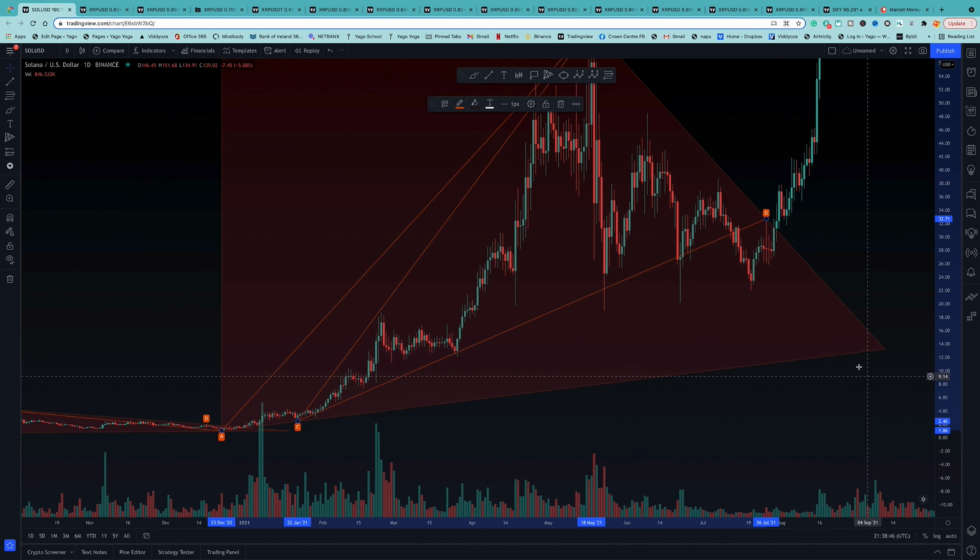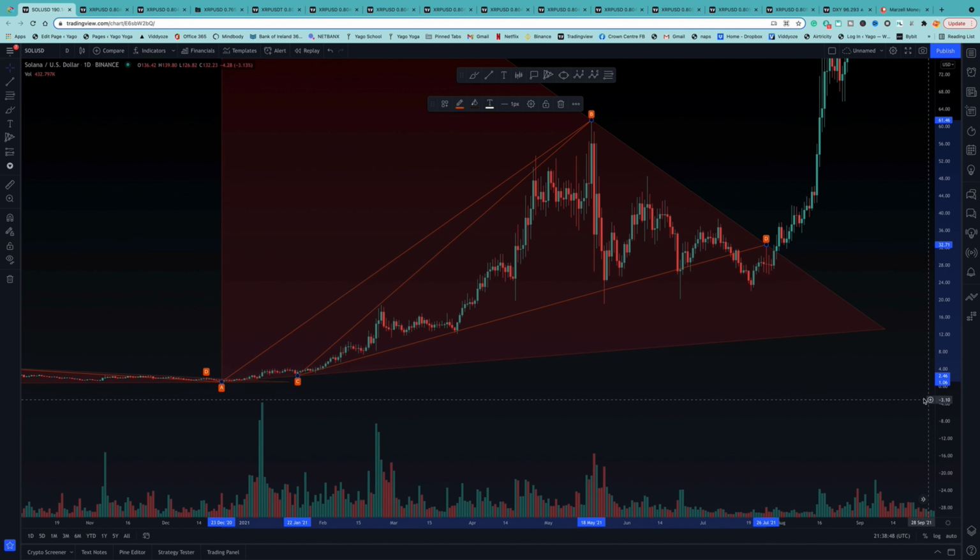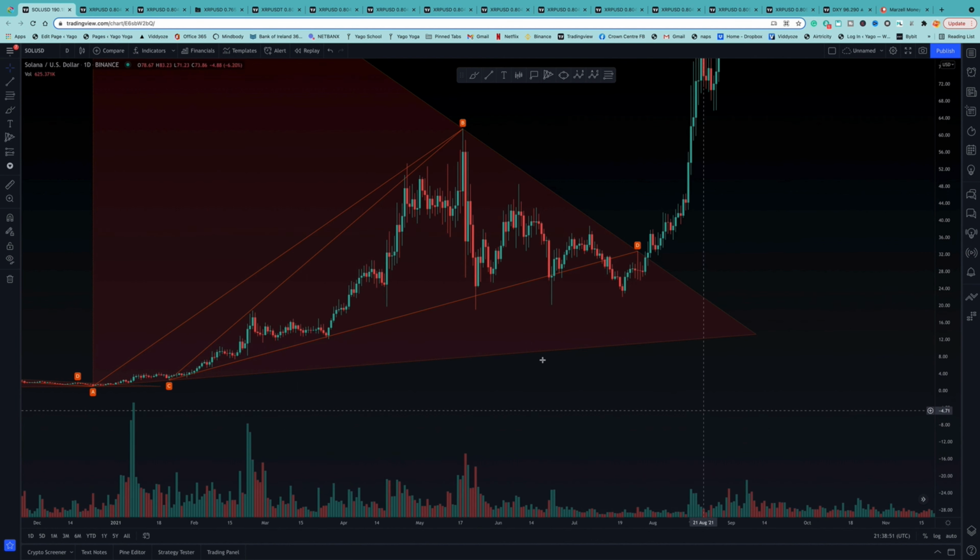There we go. Okay, so now what's happening? Look at this: an Elliott wave up, an ABC correction down, an ABC correction down here, and then an Elliott wave, ABC correction. Now there's three here: an Elliott wave, an ABC correction.